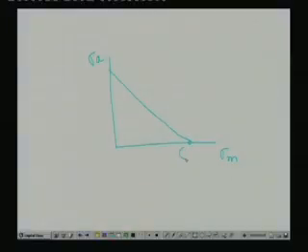In this case you can understand the coordinate of this particular point should be sigma y, 0, because the Soderberg line is actually guarding against the yield criteria, and this other point we understand as 0 comma endurance limit for the machine element.